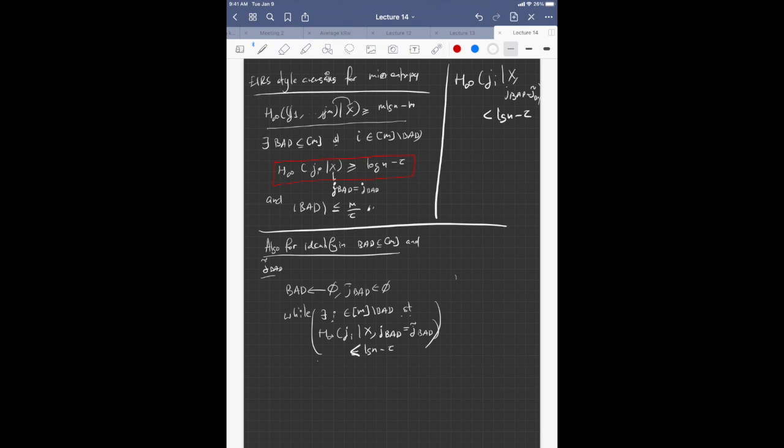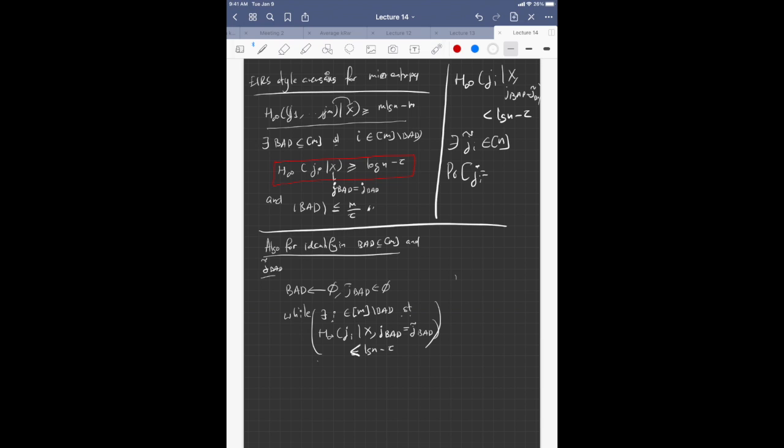By the definition of min entropy, this means that there exists a particular j_i in n such that the probability that j_i is equal to j tilde of i, which is a particular value. So j_i is a random variable.